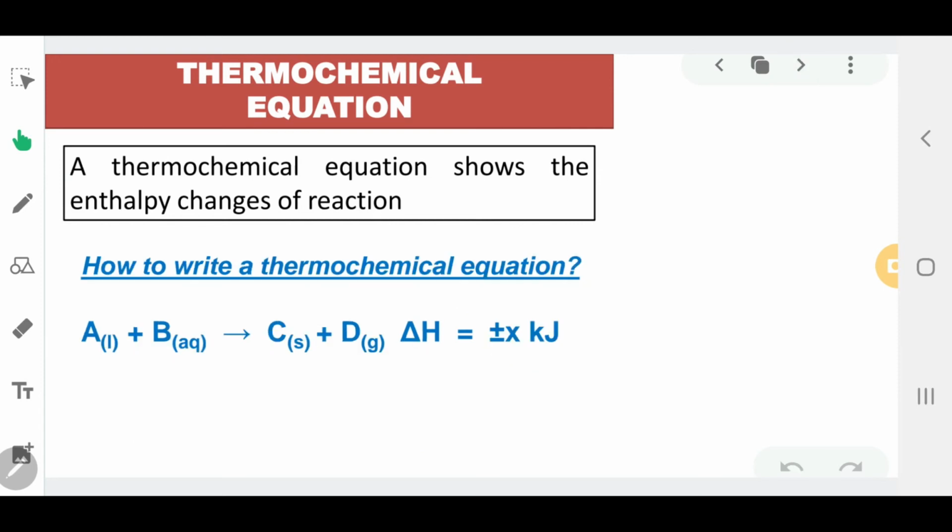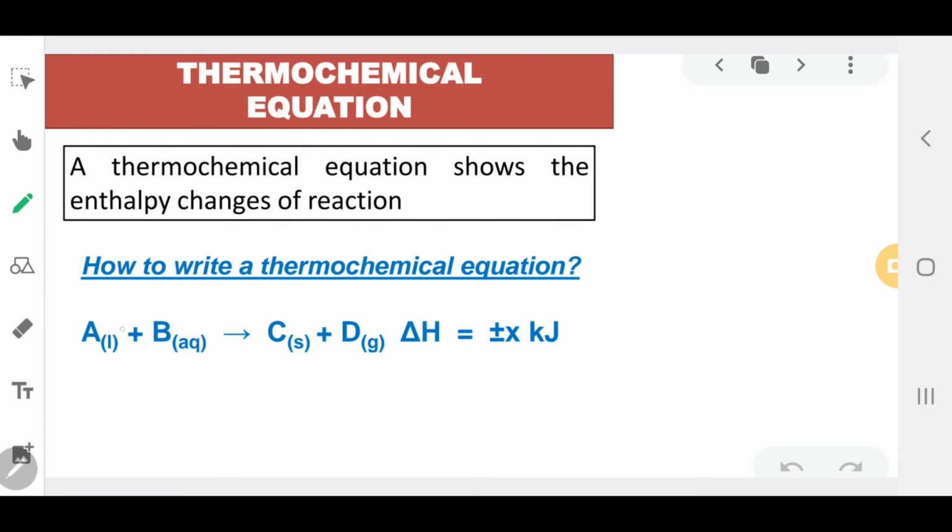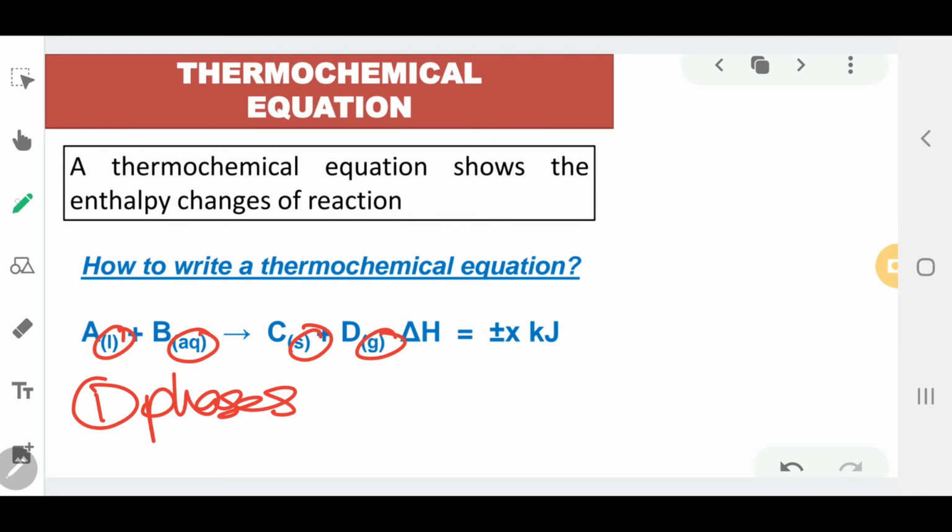Okay, so just to recap on how to write a thermochemical equation, the first thing that you need to have, the one that we have talked about just now, is all of the phases. Number one, it's very important for you to have the phases.